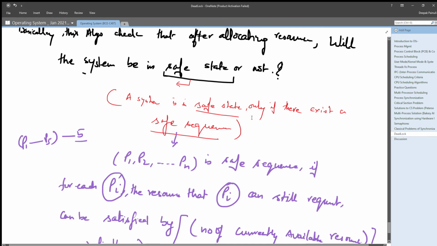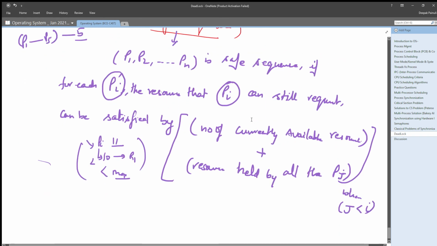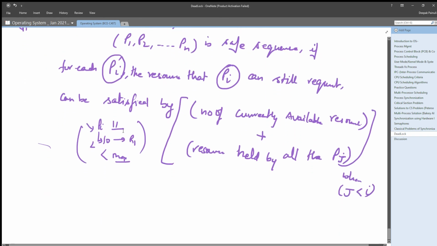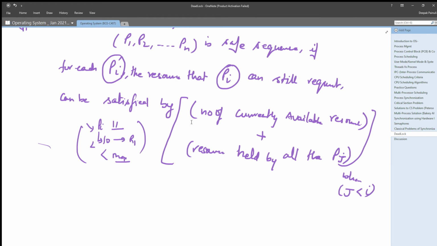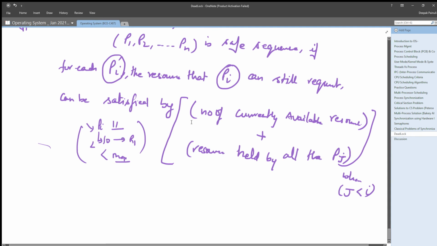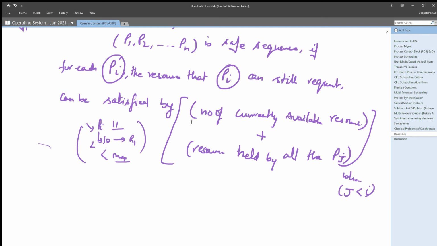Otherwise the system will be in a deadlock state, right? Because if you accept a demand by a Pi that is greater than the total number of resources available in the system, then definitely your system will get stuck in a deadlock condition, right?